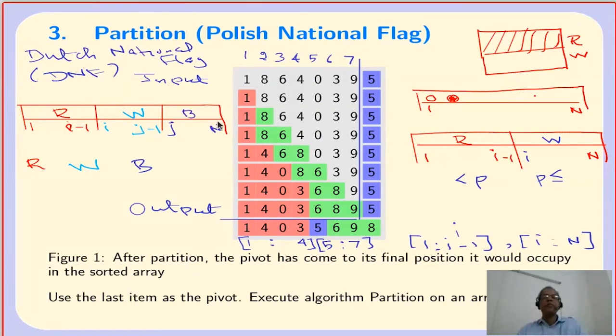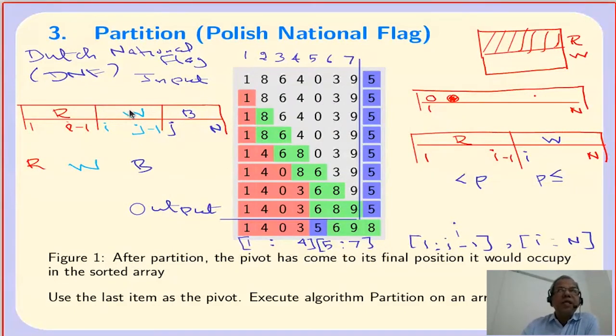Take it as homework. So Polish national flag is much simpler. Partition the array into only 2 subarrays. Dutch national flag partitions the array into 3 subarrays.